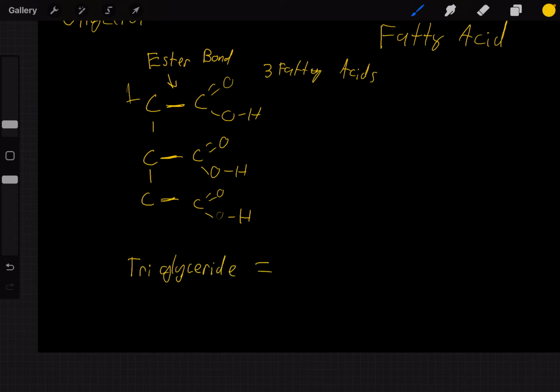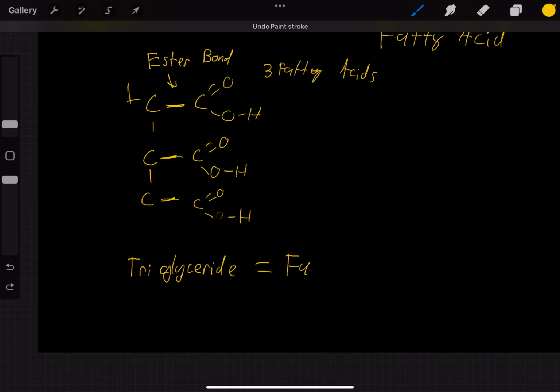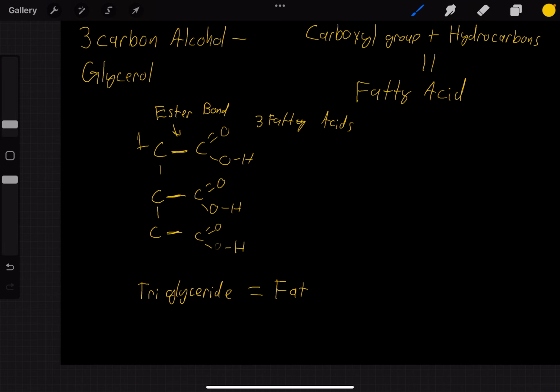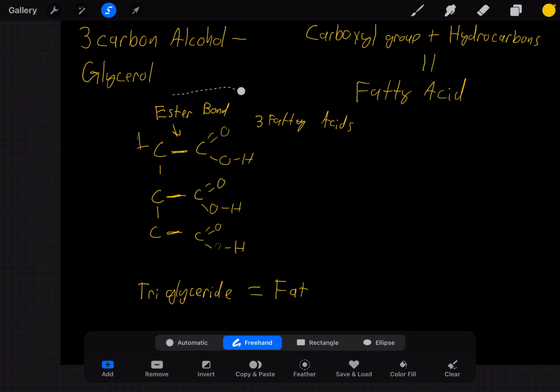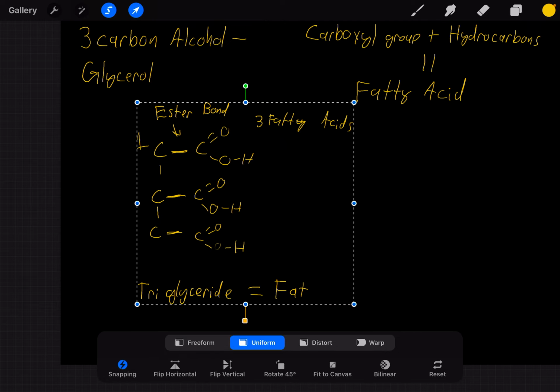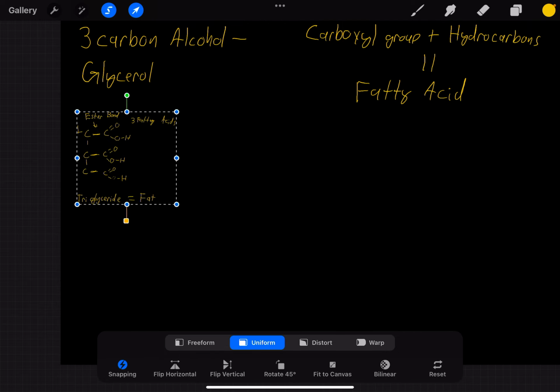And this is what is called fat. Fat is a triglyceride. All right. So that's one type of lipid, so I'll put that off to the side.